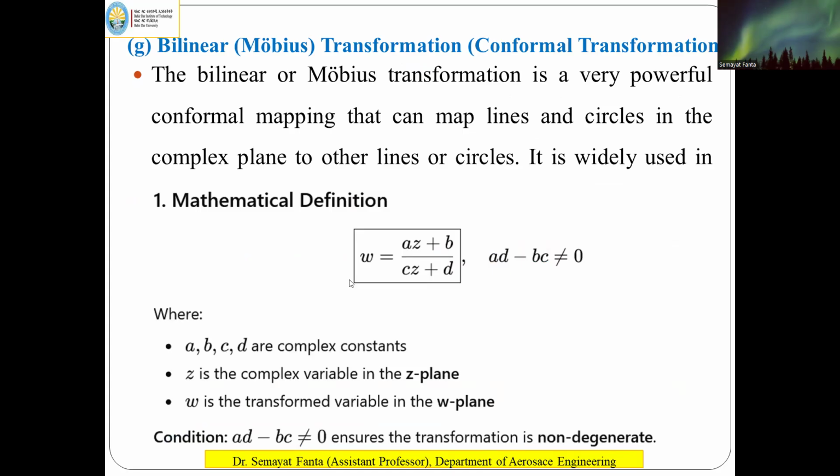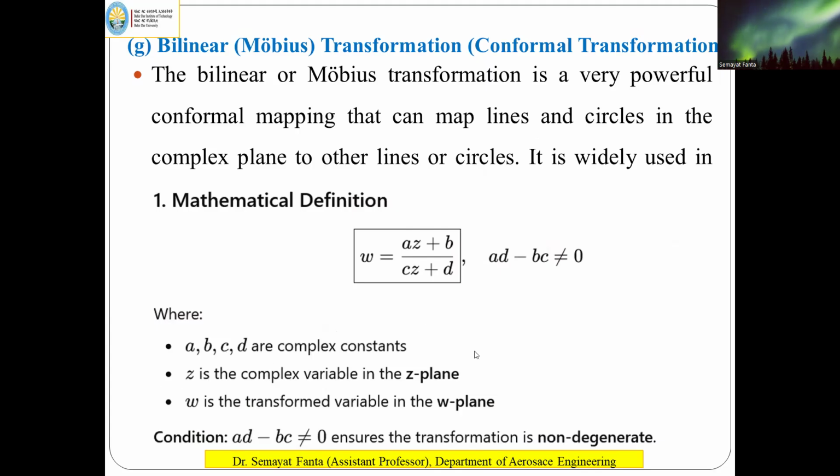We already saw the bilinear or Mobius transformation, which is a very powerful conformal mapping that can map lines and circles in the complex plane to other lines or circles. Mathematically, we can express the bilinear transformation as W equals AZ plus B over CZ plus D, for AD minus BC different from 0.